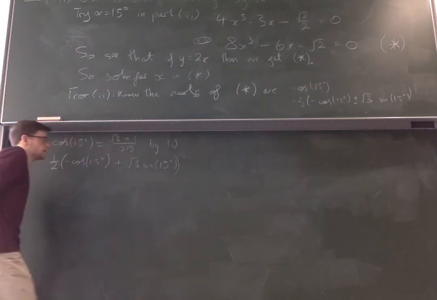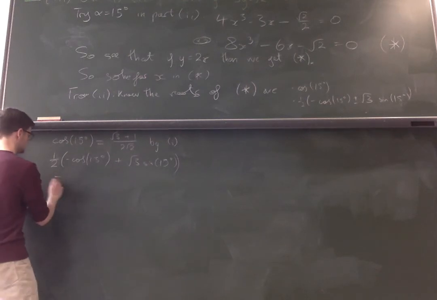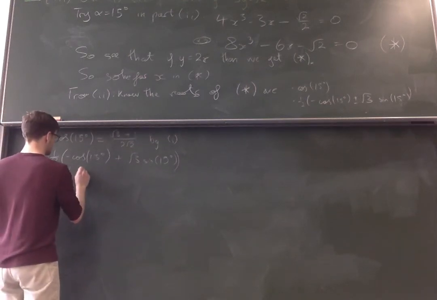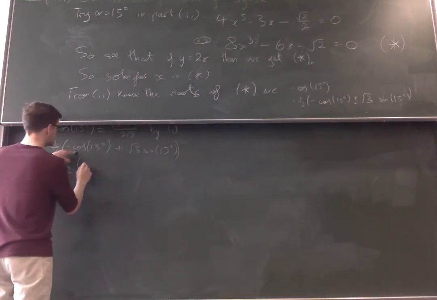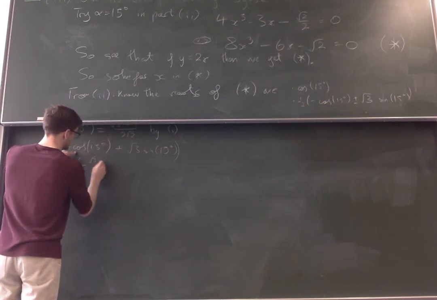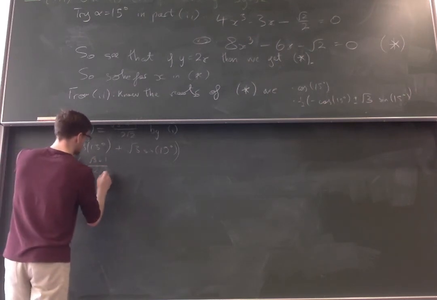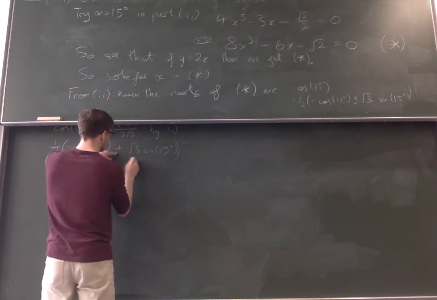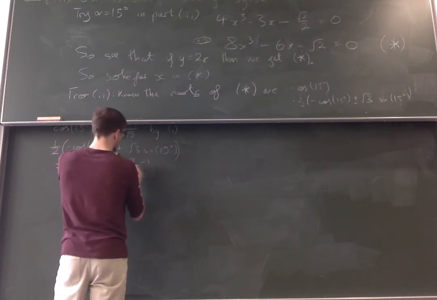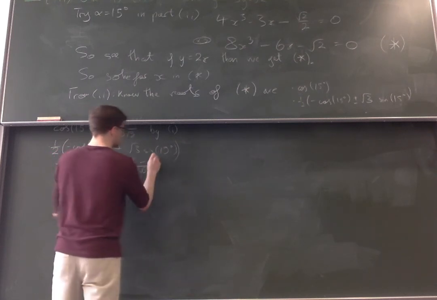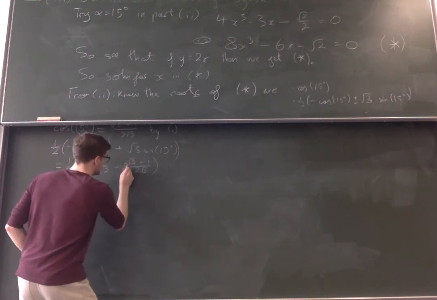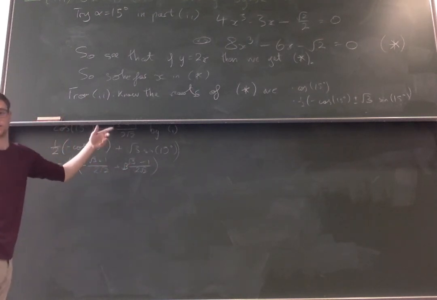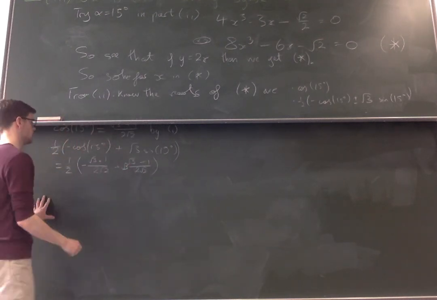Can I write this in terms of surds? Of course I can by part 1. It's the same thing. A half times minus root 3 plus 1 over 2 root 2, plus root 3 times root 3 minus 1 over 2 root 2, which is what we got from part 1.